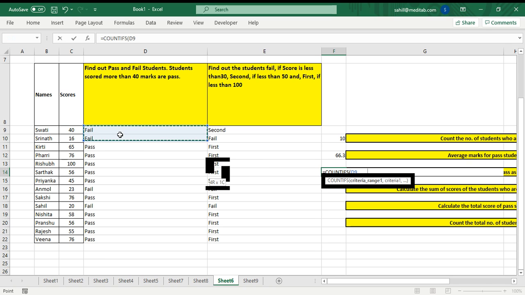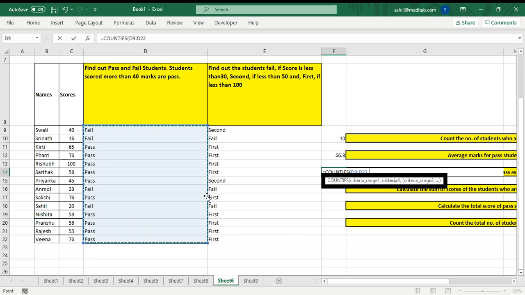I am selecting this, and the criteria is pass. Then criteria range 2. It is asking what it should be, first as well.